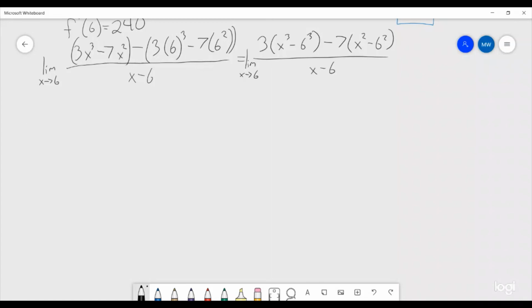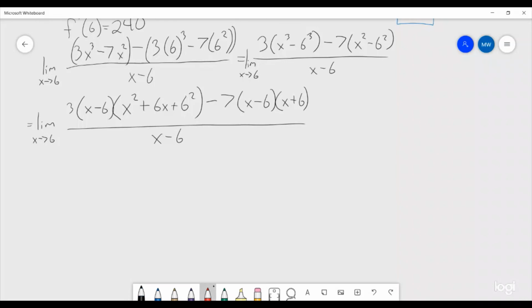So this is the limit as x goes to 6 of 3 times x minus 6 times x squared plus 6x plus 6 squared, minus 7 times x minus 6 times x plus 6, all over x minus 6. As you can tell, the x minus 6 factors will all cancel.